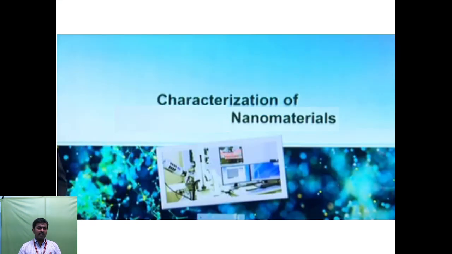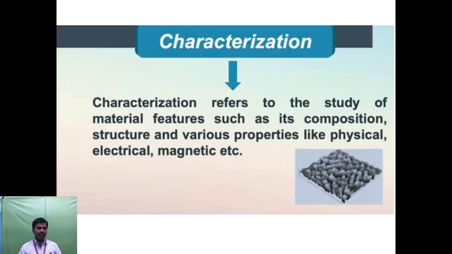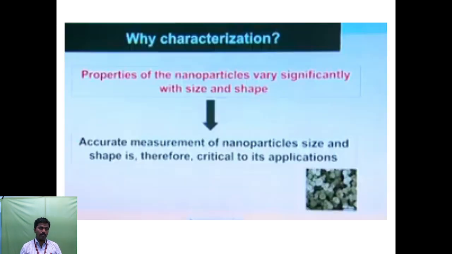So the next is characterization of nanomaterial. Like preparation, characterization is also one of the most important tools in nanotechnology. Characterization is nothing but study of material features such as composition, structures and various properties like physical, electrical and magnetic etc. By knowing the nature of the nanoparticle, we can conclude the application of the nanoparticles.